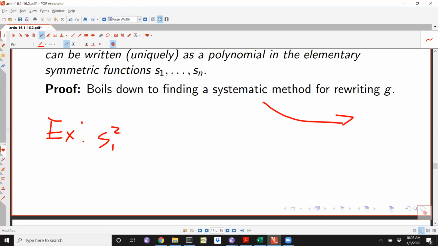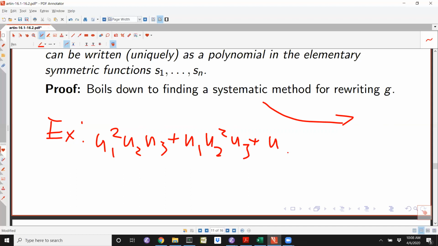I'll rewrite it slightly. Oops, I meant u1. I get my variables mixed up here. u1 squared u2 u3 plus u1 u2 squared u3 plus u1 u2 u3 squared.